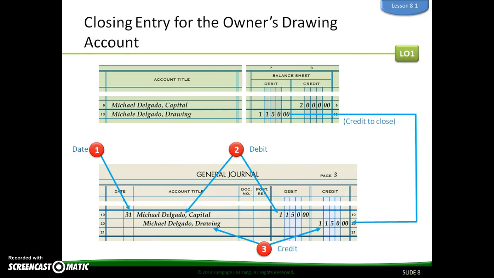Then we're looking at the change to the capital account and the drawing account. Okay. Now, again, if you wanted to look at the effect on any of the specific T accounts, you would look on page 221 if you were looking at that closing entry for the owner's drawing account.